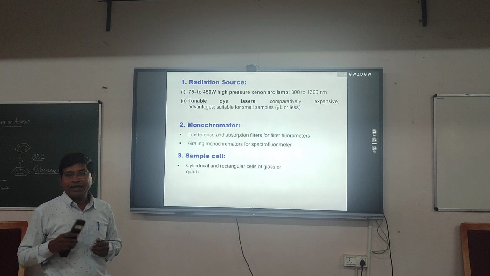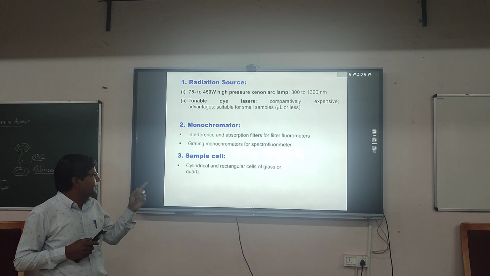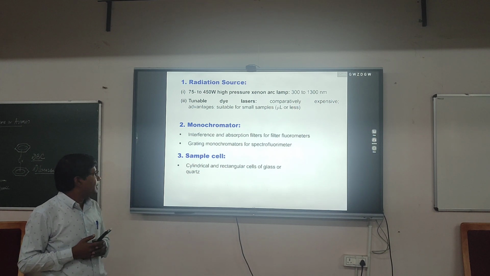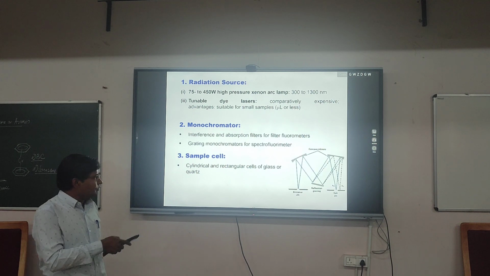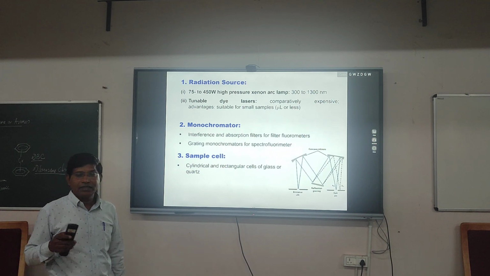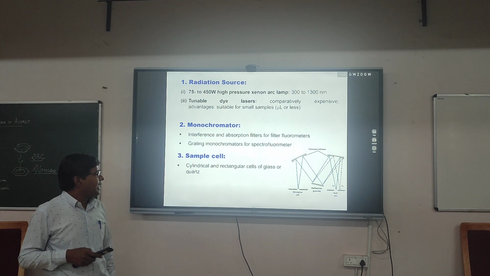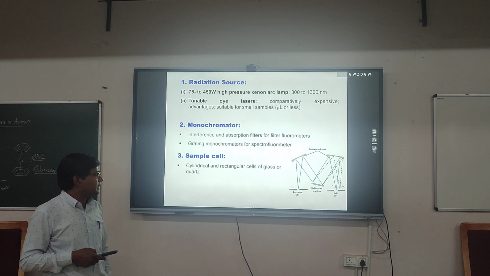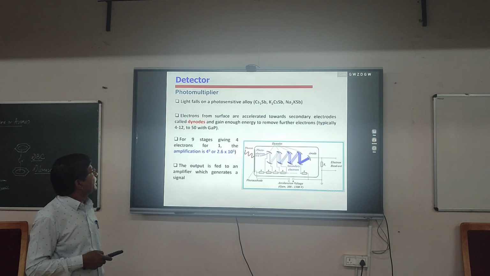We can analyze either a solid sample or a liquid sample, and for a liquid sample we will use a rectangular cell or a quartz cell. A monochromator has an entrance slit, exit slit, lenses, and a grating. The grating is generally the main part of a monochromator, which disperses the light coming from a sample.